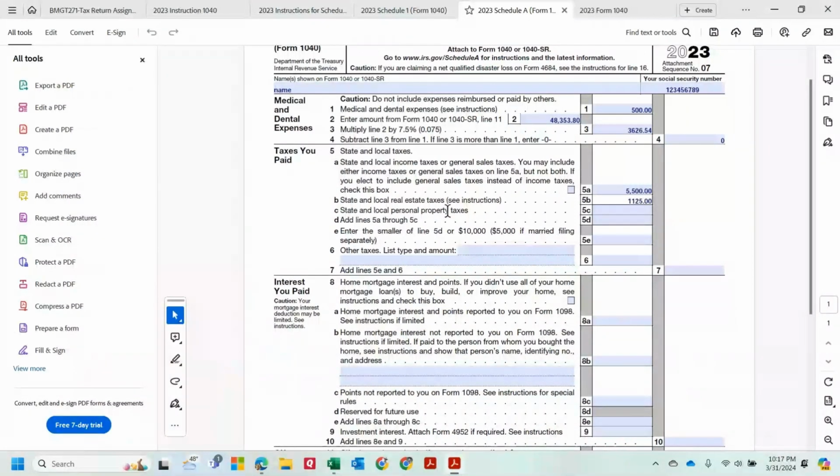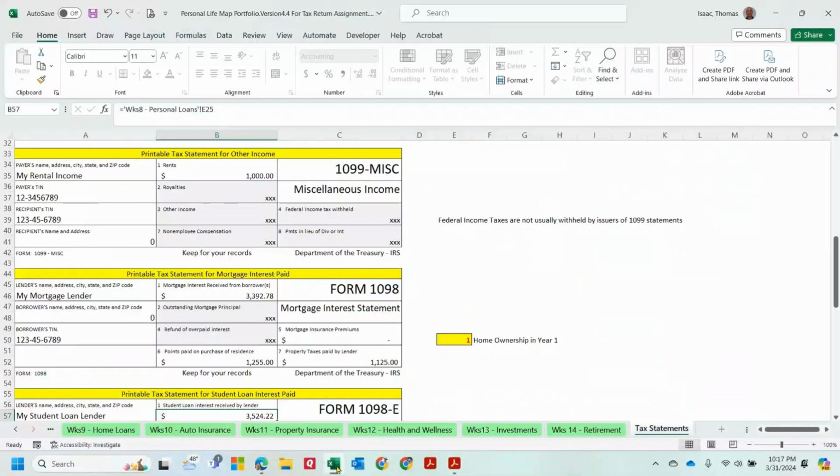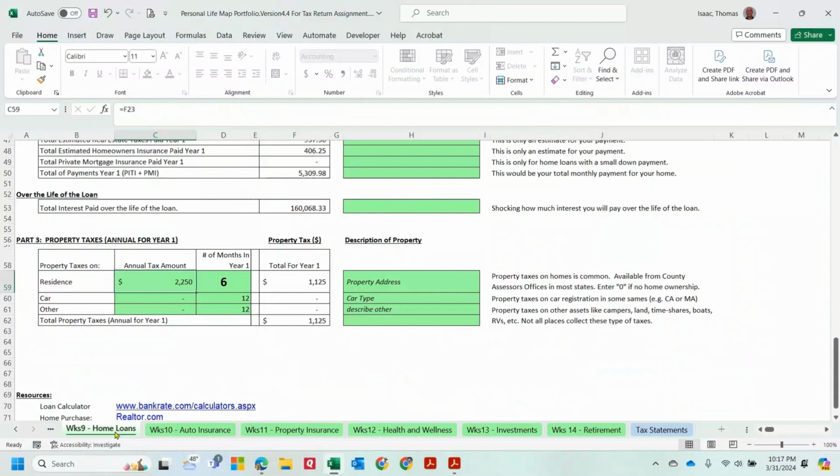If you're not in California or Massachusetts, this is going to be very rare. The only time you're really going to see this, and you will not get any statement on this, is going to be here in that home loan section. I did put other property taxes. So it's not uncommon in the state of California and the state of Massachusetts that you may pay a personal property tax on your car.